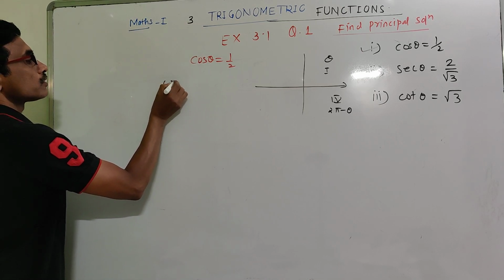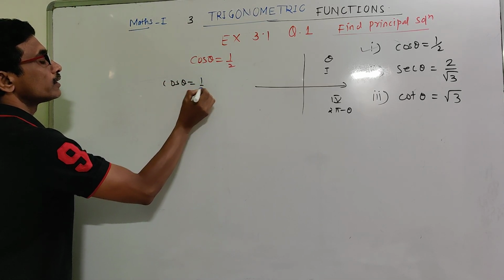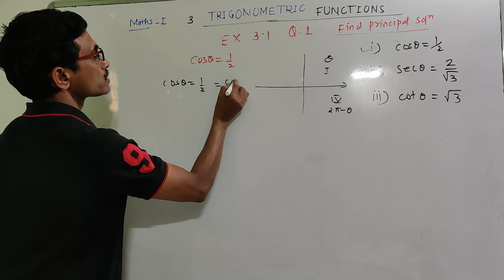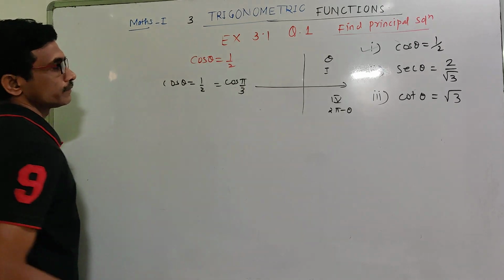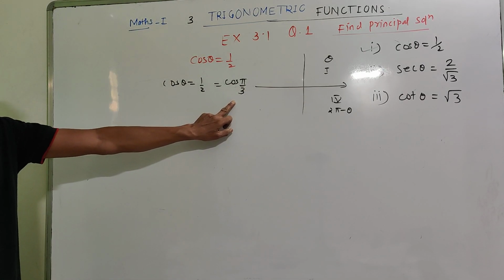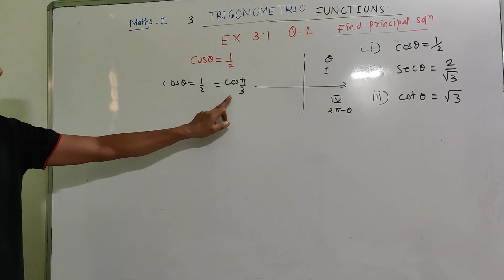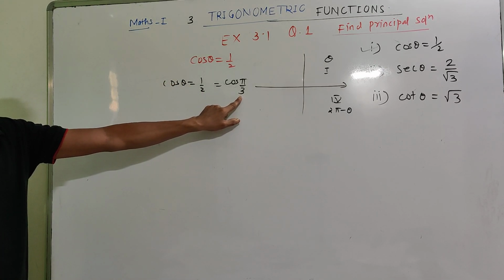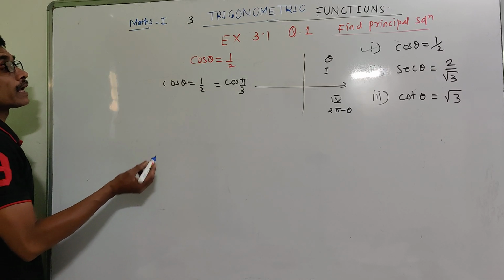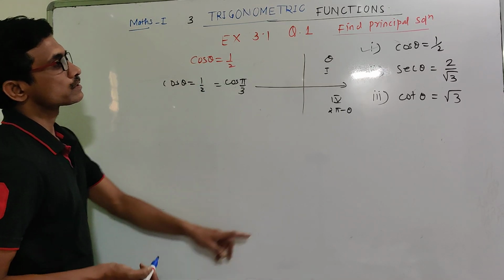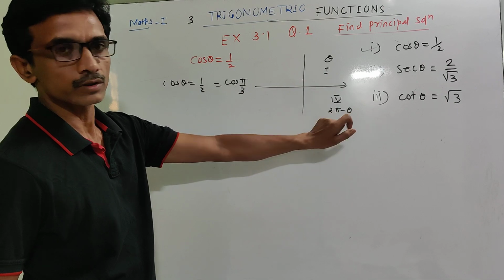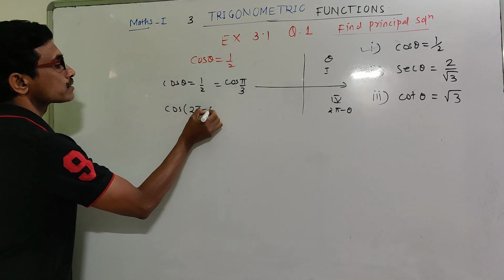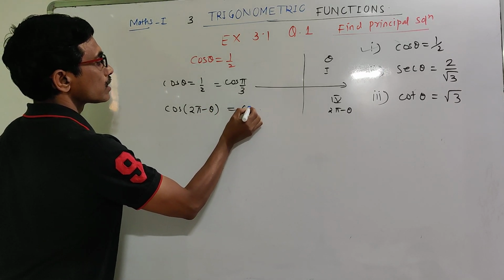So we know cos of theta is equal to 1 by 2, which is cos of 60 degree, that is cos of pi by 3. So pi by 3 is one angle which satisfies this equation. Therefore pi by 3 is a principal solution. Clearly it lies in 0 and 2 pi. Then another one, our answer is in first as well as fourth quadrant. We know cos of 2 pi minus theta is equal to cos theta.